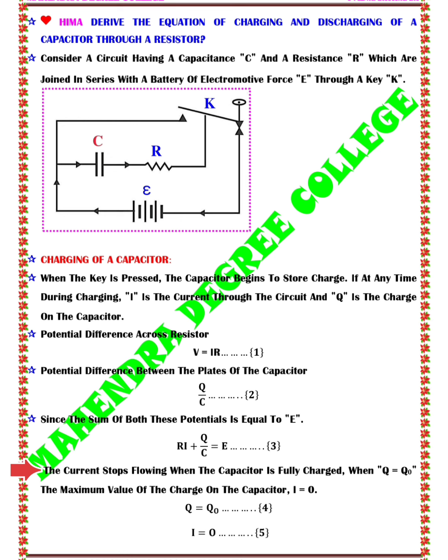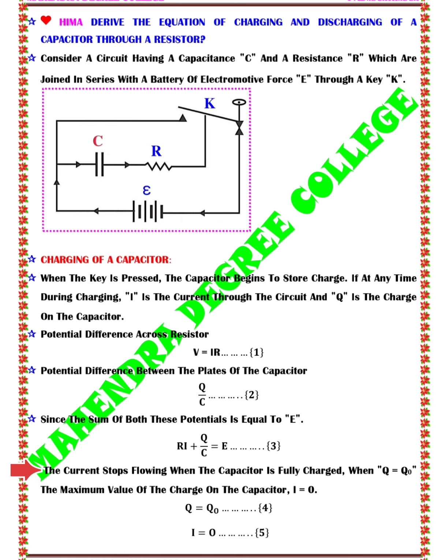When Q equals Q naught, the maximum value of the charge on the capacitor, the current I equals 0. It means the current I initially is at its maximum because the voltage across the capacitor is 0 at the beginning.